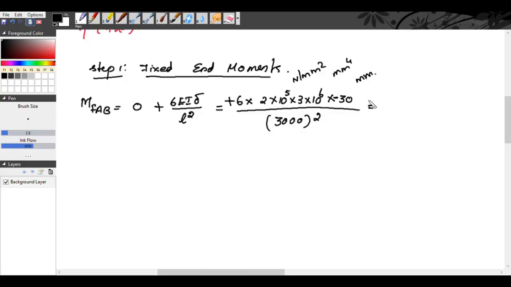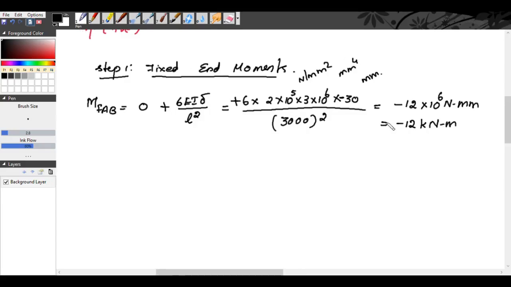So MFAB will be equal to minus 12 kilonewton meter. We get minus 12 into 10 raised to 6 Newton mm. So that is equal to minus 12 kilonewton meter. Now similarly, our MFBA will be equal to 0 plus, because the far end is fixed, that is intermediate supports are considered as fixed support.